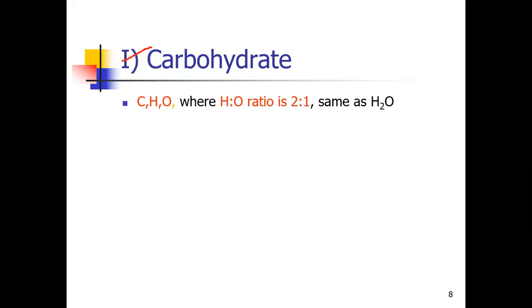Carbohydrate is a molecule which contains carbon, hydrogen, and oxygen atoms, whereby the ratio of H to O is always 2 to 1. So 2 to 1 is the same as the ratio of water, right? Because water is 2H and 1O, so similar to water.